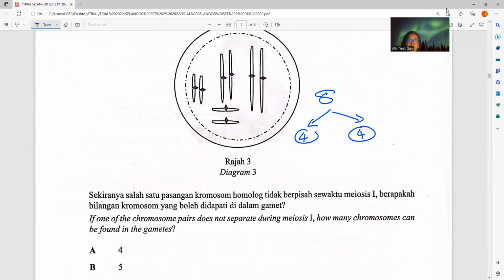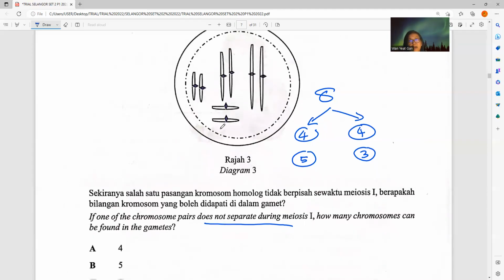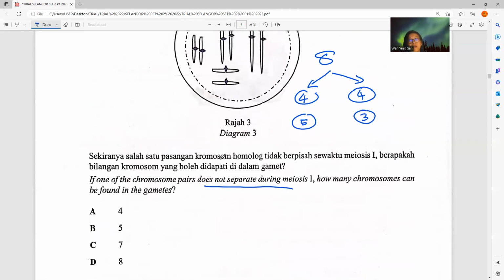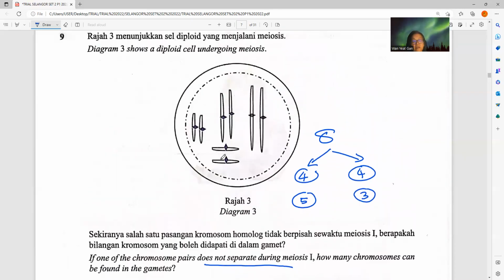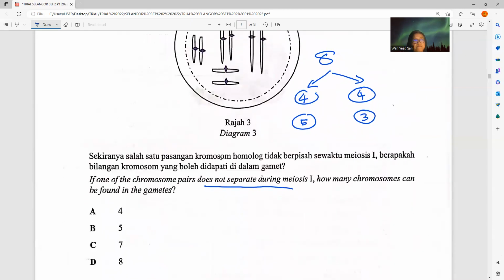Now, if one pair does not separate during meiosis 1, maybe one pair will end up in one cell, while the other cell will have one chromosome less. So that means there will be 3 in one cell and 5 in the other cell. So the answer is B.